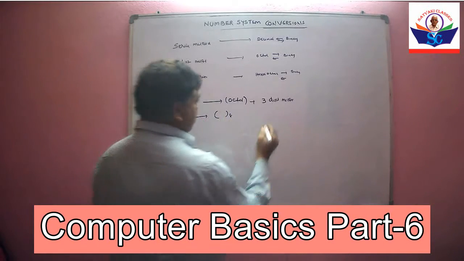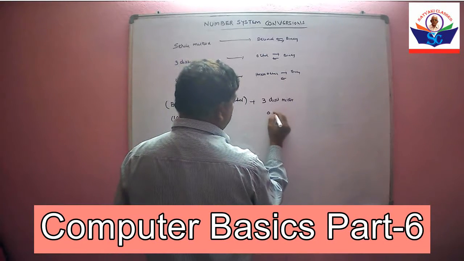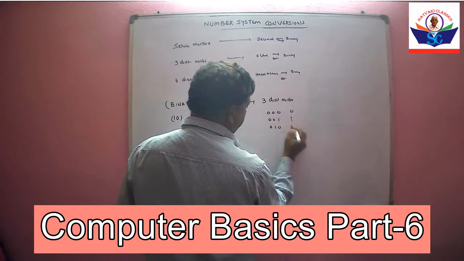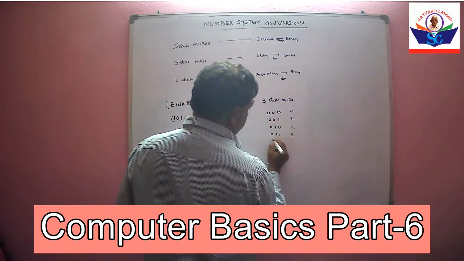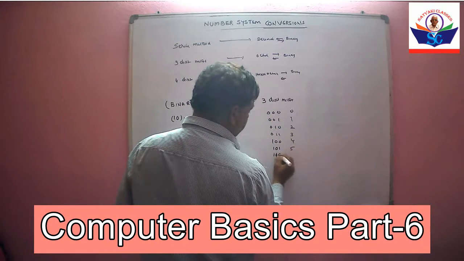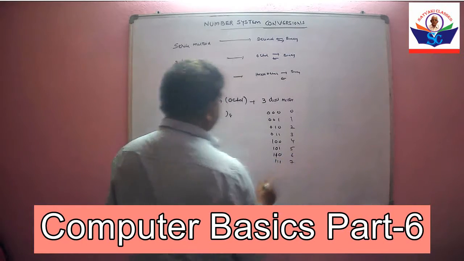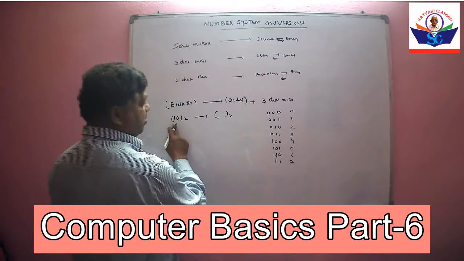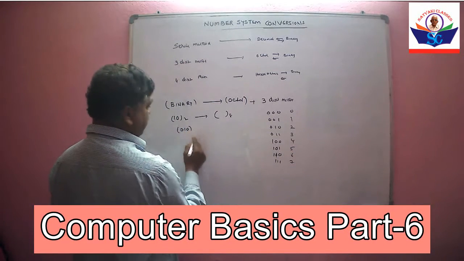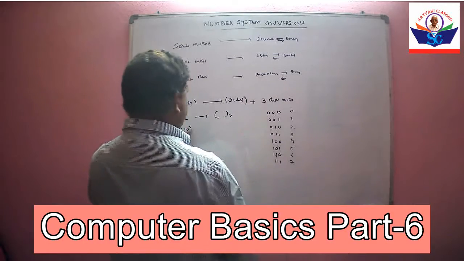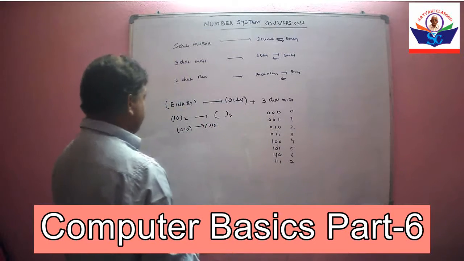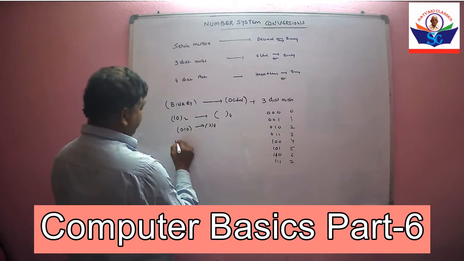We follow the same 3-digit method: 0 0 0 for 0, 0 0 1 for 1, 0 1 0 for 2, 0 1 1 for 3, 1 0 0 for 4, 1 0 1 for 5, 1 1 0 for 6, 1 1 1 for 7. 1 0 we can write as 0 1 0. What is 0 1 0 in octal? It is 2.